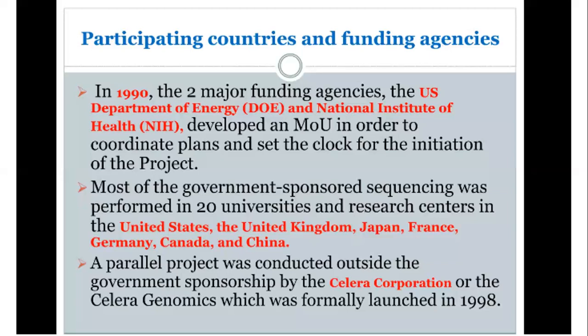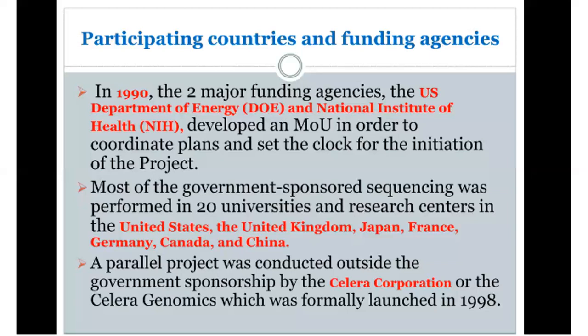These two funding agencies are the US Department of Energy and the National Institute of Health. They developed an MOU where they discussed the plan for how to complete the project, and they also set the timing, how many years the project would take. All of that was discussed in that meeting.